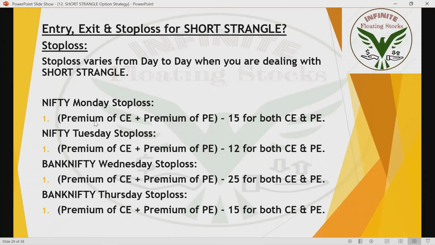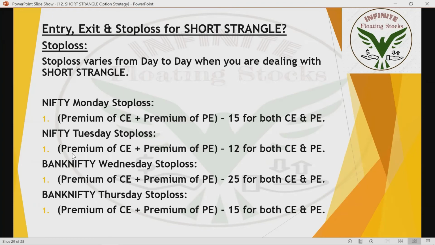Okay, so if I'm working on Nifty and it is Monday, stop loss should be premium of CE plus premium of PE minus 15. You need to subtract 15 from that addition and put the stop loss for both CE and PE side.